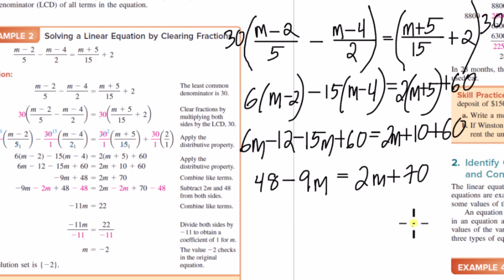Let's bring the variable terms to one side and the constant terms to the other side. So let's subtract 2m from both sides, which is the same idea as saying plus negative 2m. The 2m minus 2m is 0.